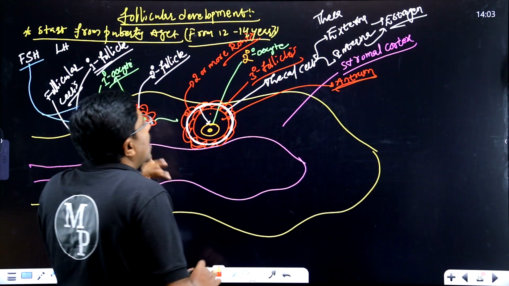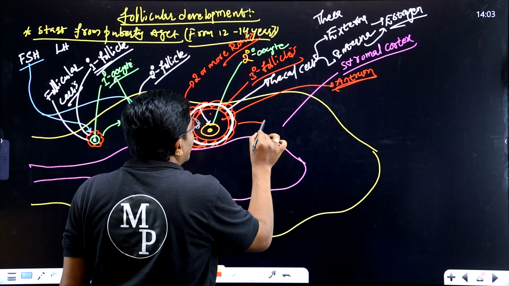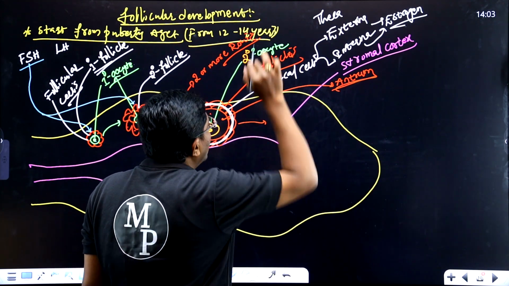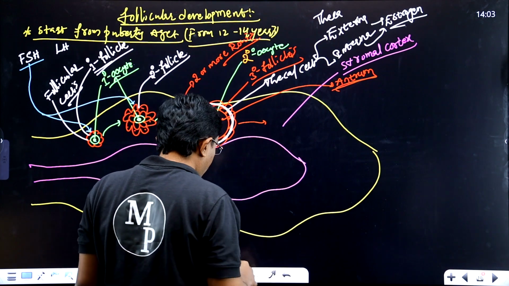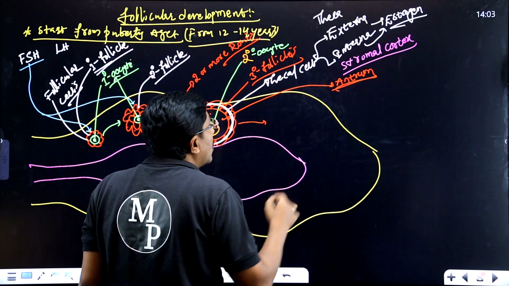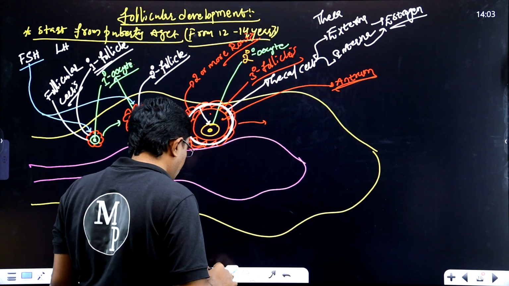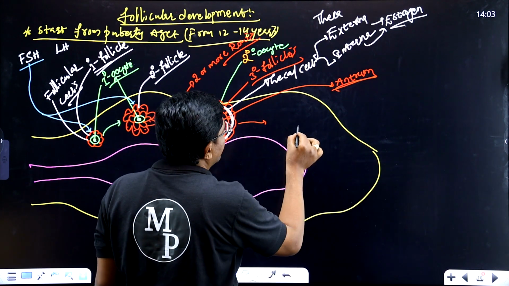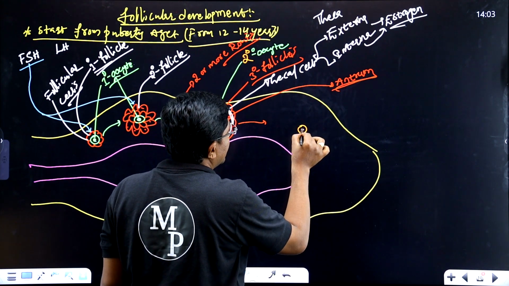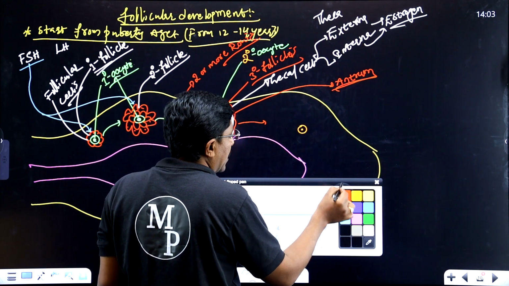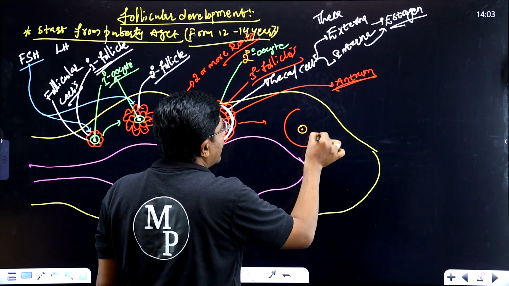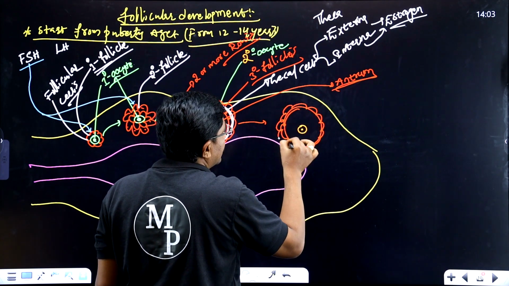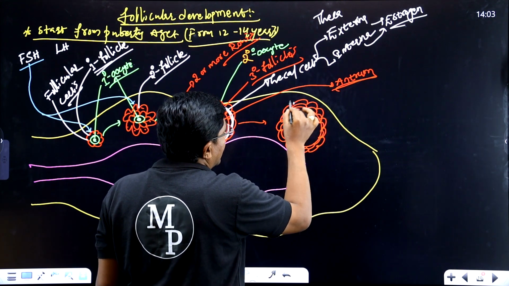After that, this tertiary follicle again develops into the mature follicle or Graafian follicle. See, this is the secondary oocyte, and as usual these are the granulosa cells, or follicular cells.